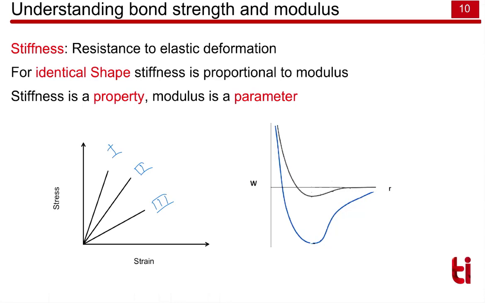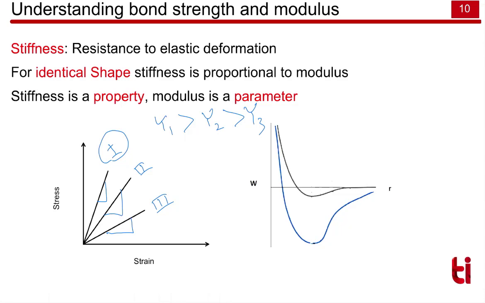Of course the modulus Y1 is greater than Y2, and the minimum is 3, because you are taking the slope here. The slope of this is higher and so the modulus is higher. So you can say the bond strength of material 1 is very high compared to 2 and 3.